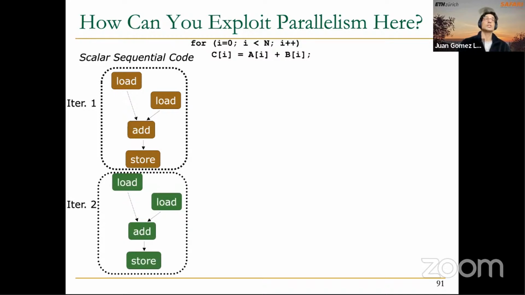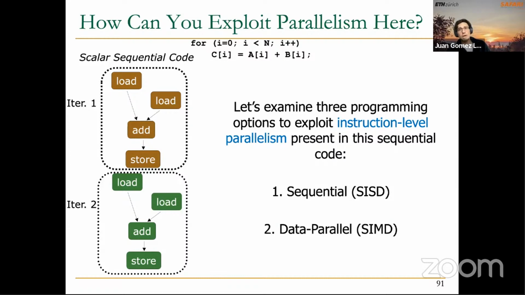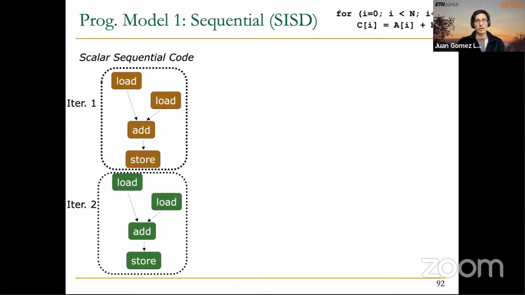Remember that in the scalar machine, we will go iteration after iteration, first iteration 1, then iteration 2, and so on. And then we can have a processor that extracts instruction level parallelism in some way. If it's completely sequential, then probably there is not much to do. But we could also write this code in a data parallel manner, or we could write it in a multi-threaded manner. So let's take a look at the first case.